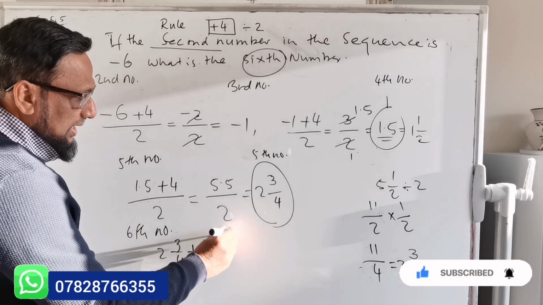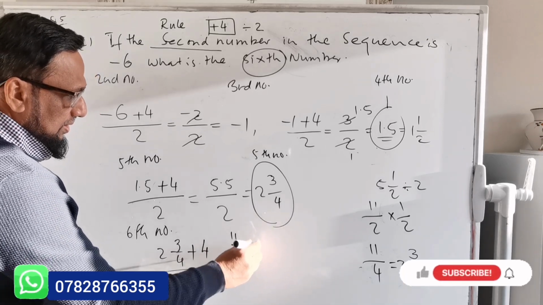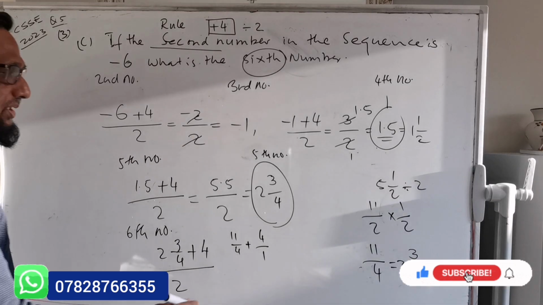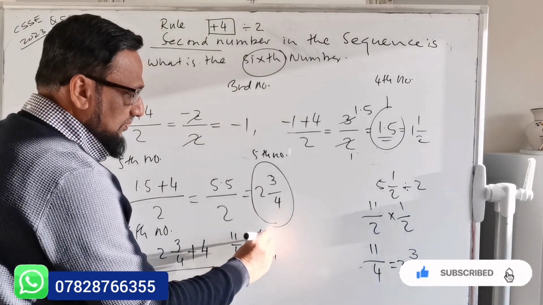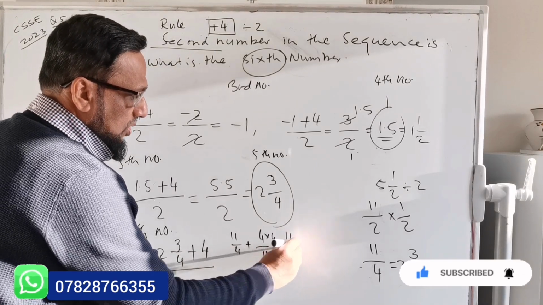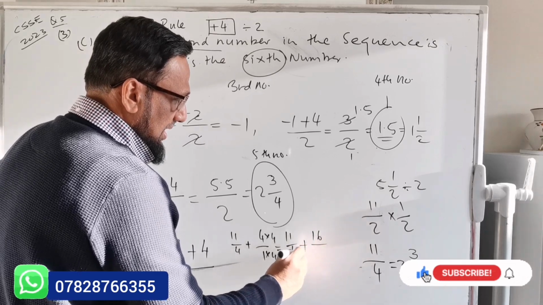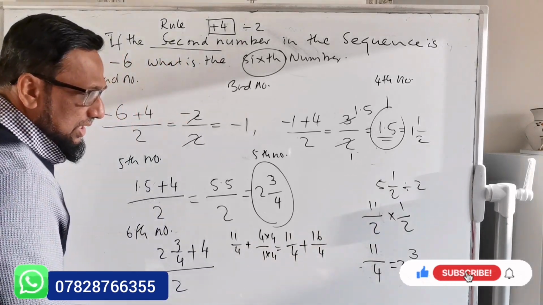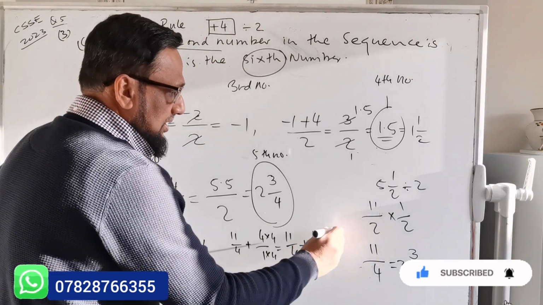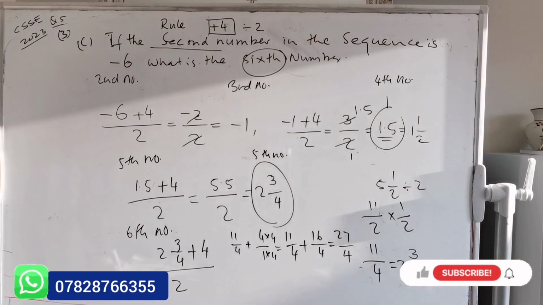So I'm going to solve 11 over 4 plus 4 over 1. We need to make the same denominator. 4 times 4 is 16, and 16 plus 11 is 27, so 27 over 4.